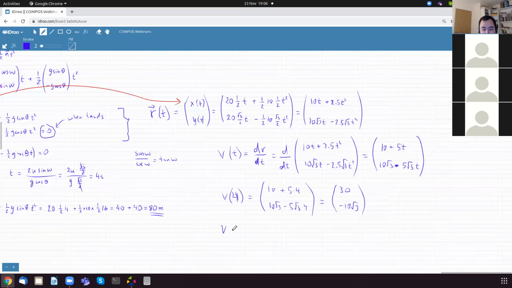And the velocity is the speed. The speed is the square root of 30 squared plus 10 squared times 3.